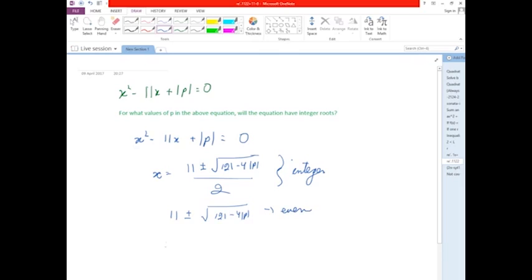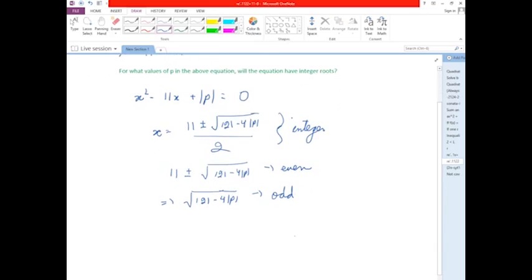And this means 121 minus 4 mod p should be odd, because we are adding and subtracting to an odd number. So this number should be an odd number. Mod p will always be positive.